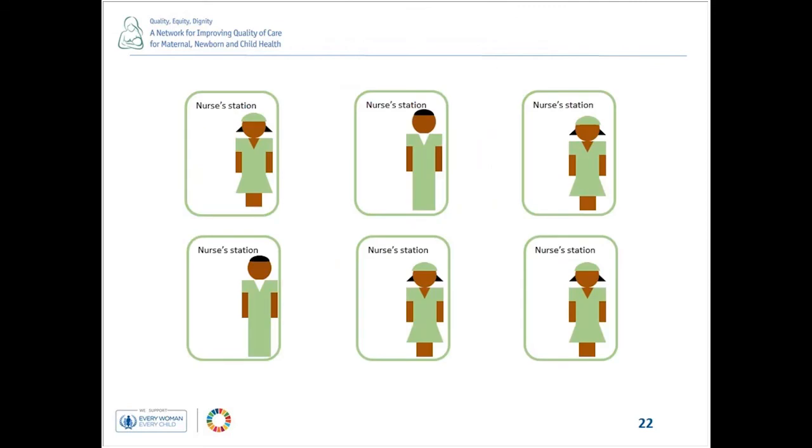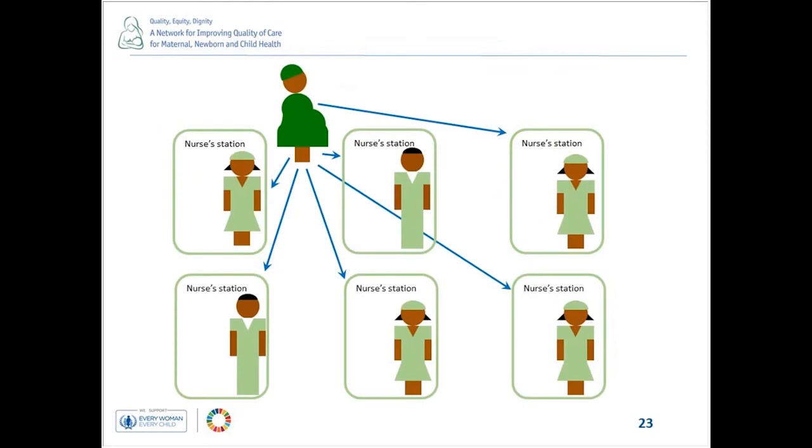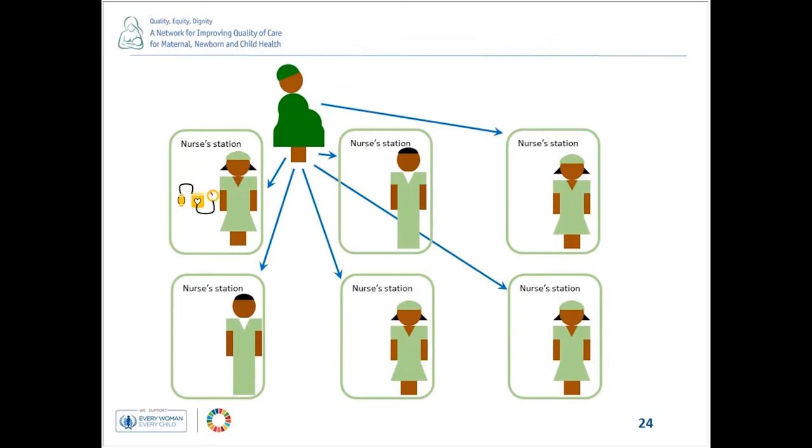So this is what the clinic looked like. There's a room with 6 nurses stations, and the patients come in and they go to any one of the nurses, and the nurse carries out all of the different tasks of the antenatal care visit, and then the woman goes. A challenge here was that there was only one blood pressure cuff. Okay? There were other problems as well, but there was only one blood pressure cuff.